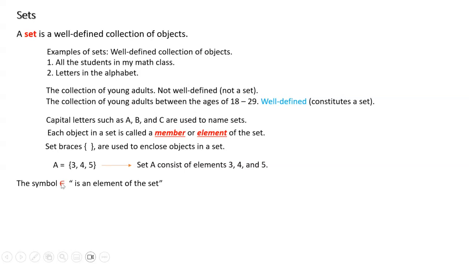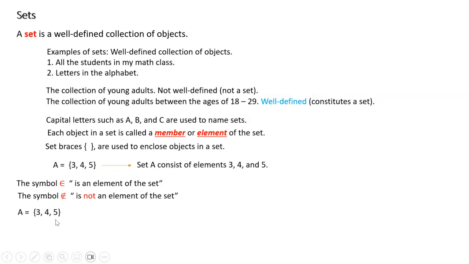The symbol here, guys, looks like an E. That symbol means is an element of the set. And the symbol with a slash over it means it's not an element of the set. Now, say we have the set from the previous example, set A with elements 3, 4, and 5.